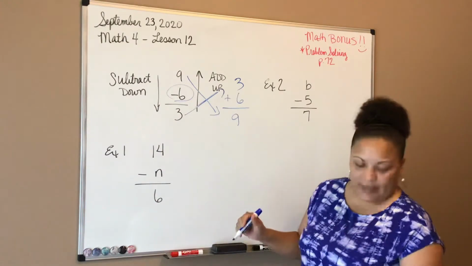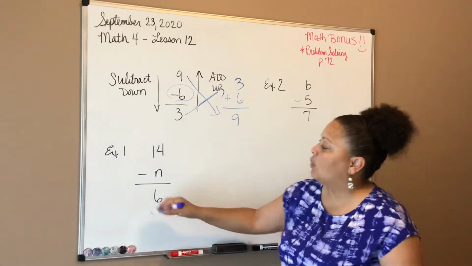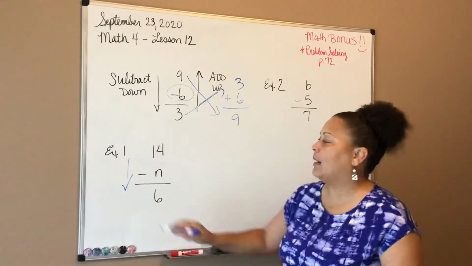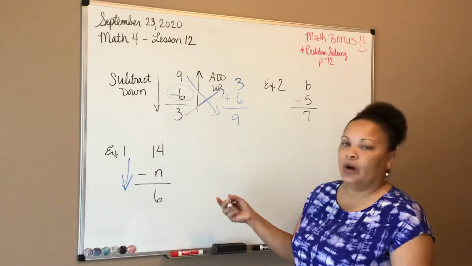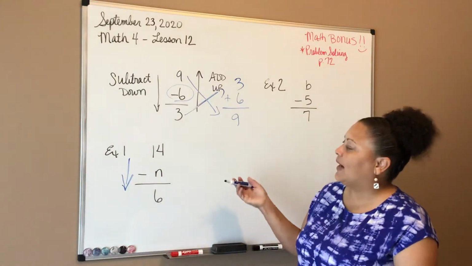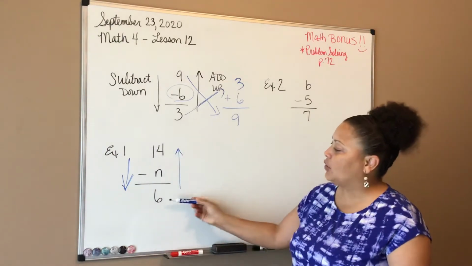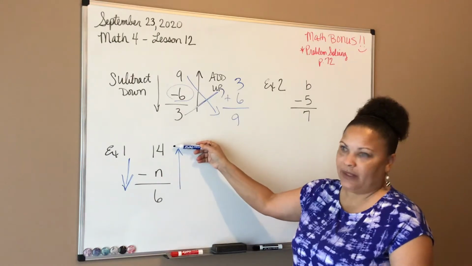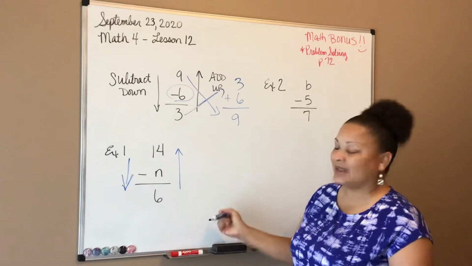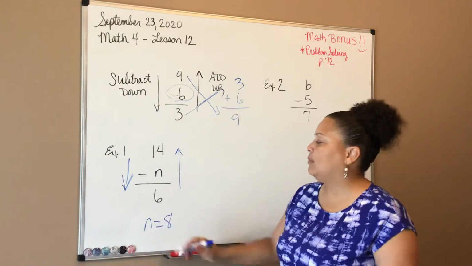So for example 1, it tells us that 14 minus n is equal to 6. Well, this is my subtract down problem, right? Subtract down. So in order to check your answer or to find the answer, it's telling you to add up, okay? So 6 plus what number would equal 14, okay? So we know that 6 plus 8, right, n would be equal to 8, will be 14.